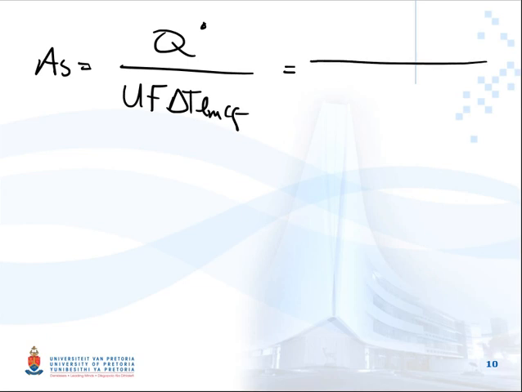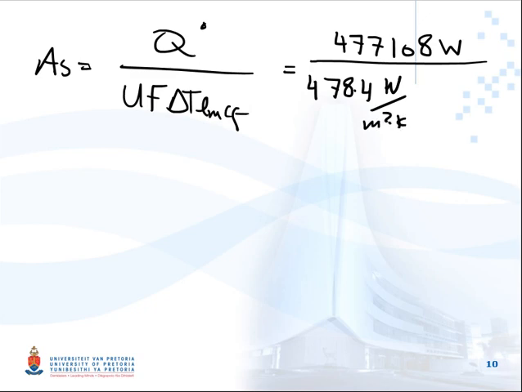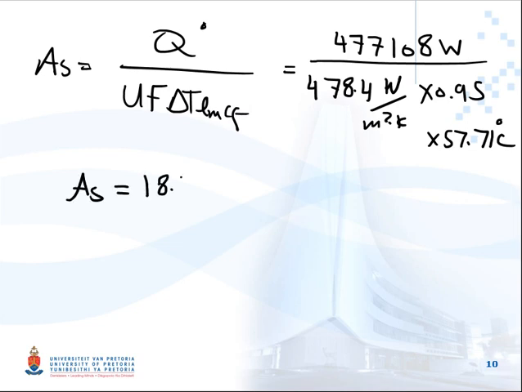If I write all those values and calculate it, easily I can find the final answer, 57.71. So the final answer, AS, is equal to 18.19.